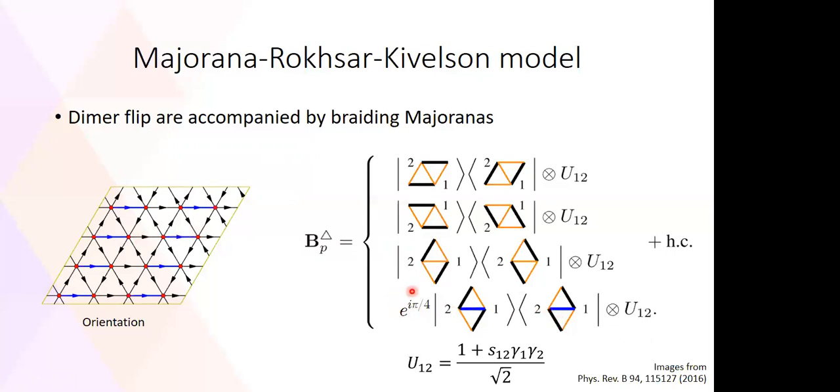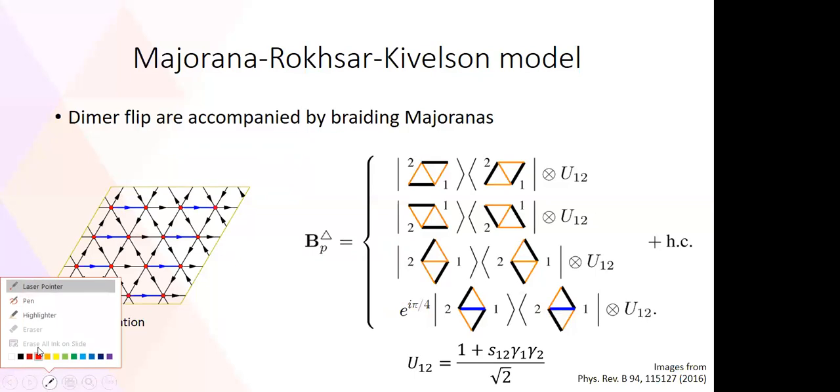Okay, so in the paper they say that this is the preferred choice of phases, with this strange I pi over 4.